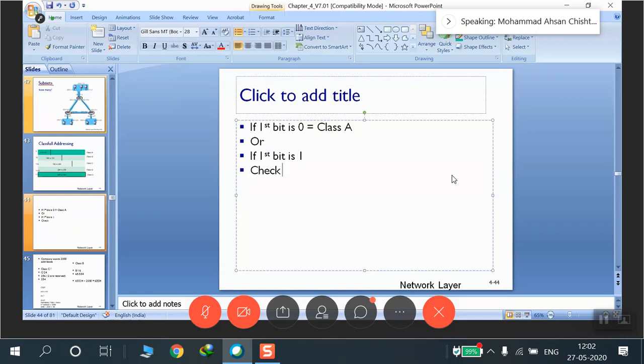Check the second bit. If the second bit is 0, it is class B.